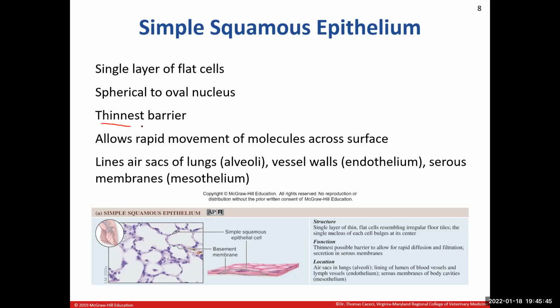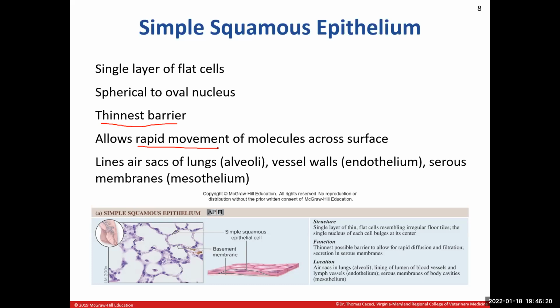So when we're thinking of simple epithelium, it's great for filtration, for absorption, or secretion. So when we're talking about simple squamous, this type of epithelium allows for movement of substances across its surface. So it's going to be great for filtration or absorption.